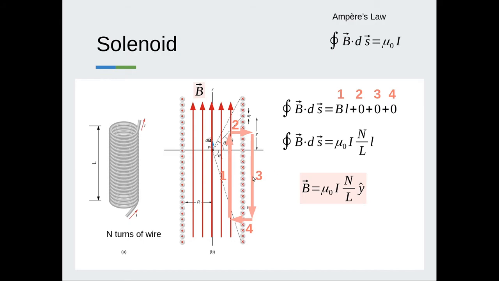It should have some other number. So you have to be very clear that this is an approximation for a very long solenoid. So for section 4, we get 0 for the same reason as section number 2. And we get exactly the same number that we get from the integration form.